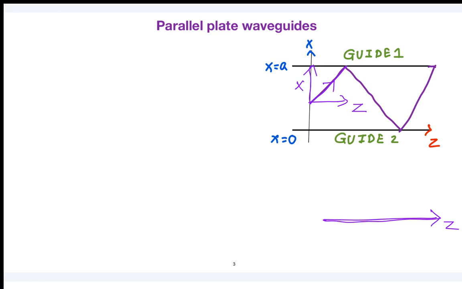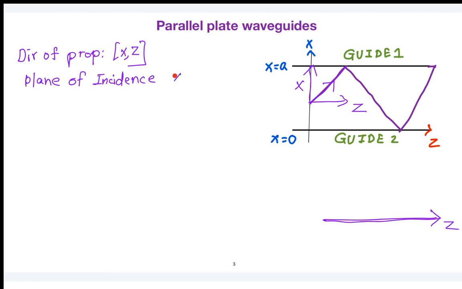So in a parallel plate waveguide, the direction of propagation consists of X and Z. Or you can say the plane of incidence is the XZ plane.